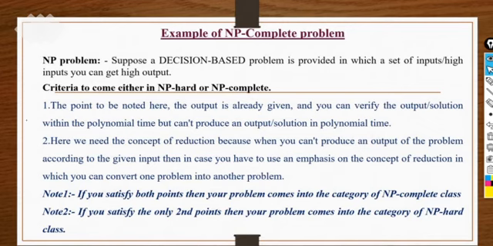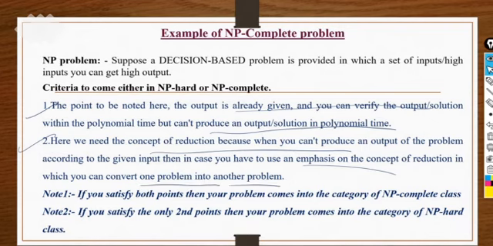I've already told you there are two key points here: find the solution in polynomial time, or do the reduction and compare it, or find the relation between the already solved problem and the unsolved problem. If one problem has a solution and comes in the category of NPC, the other can also be solved. So you can note these points.